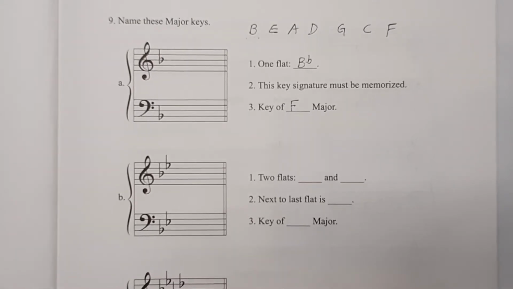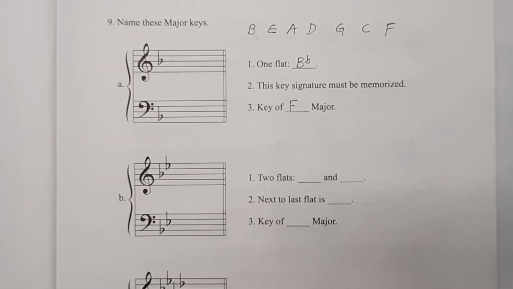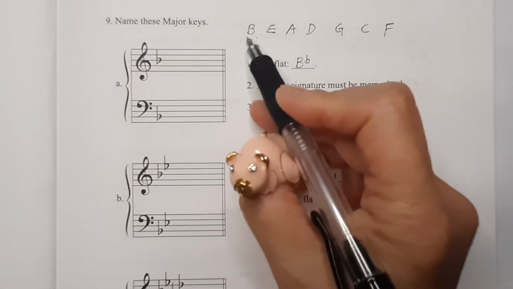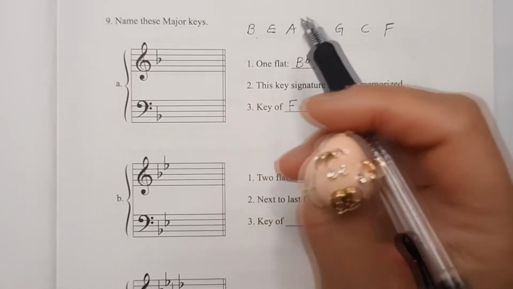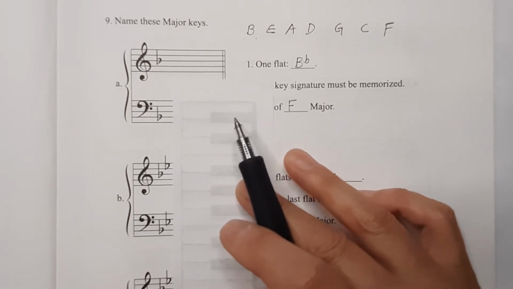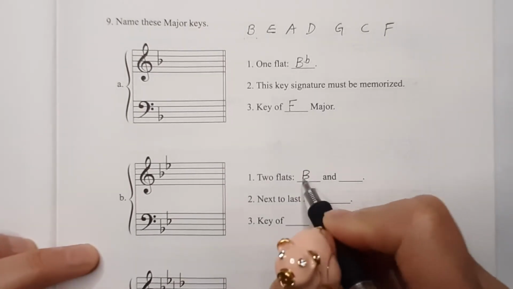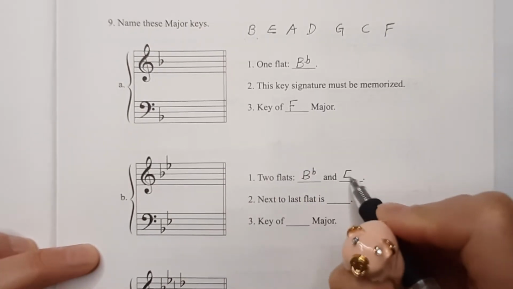Okay. Let's move on to question B. Now, 2 flats. If there are 2 flats, what are those? First one is always B, and second one is always an E. And this is how you do it. Look, first one's B, and second one is E flat. So write them. B flat and E flat.